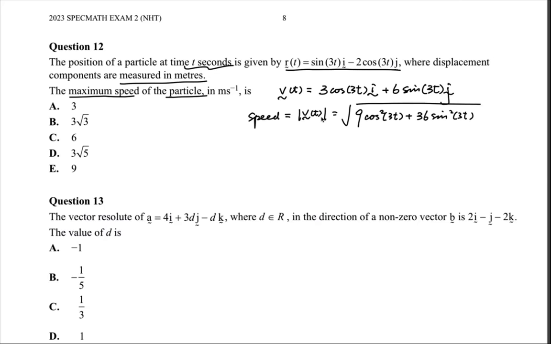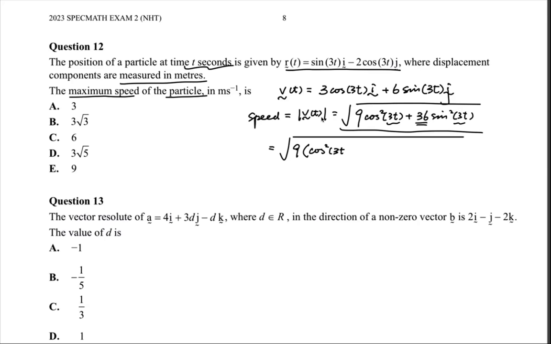So now we are trying to find the maximum value of this whole expression. Notice that you can split out from the larger number if you have sine squared and cosine squared with the same angle 3t. We can split out a 9 sine squared, okay?